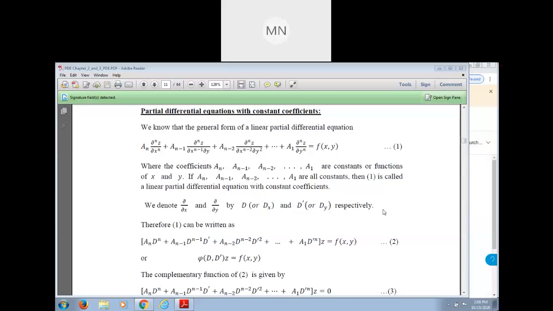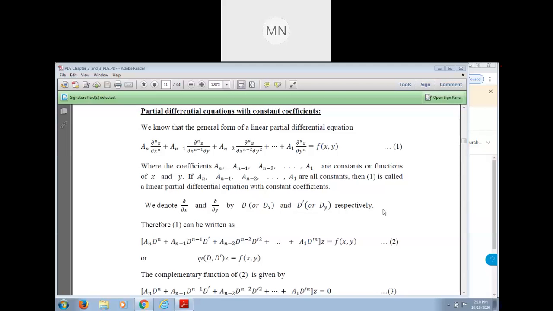For the first order linear partial differential equation, we use the Lagrange method. Understand? And for a nonlinear equation, suppose a quasi-linear equation, we use what? Charpit's method.